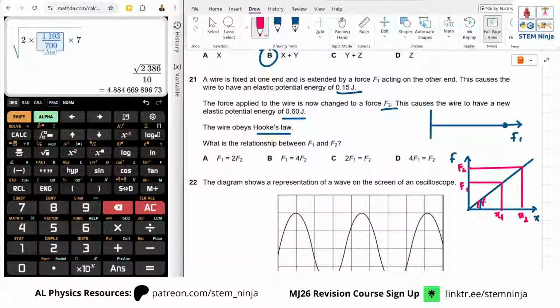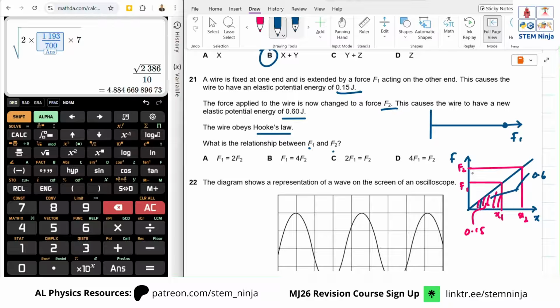So area under this part was 0.15 joules, but when you go to F2, that means this entire thing, including this part, would be 0.6 joules. What is the relationship between F1 and F2?